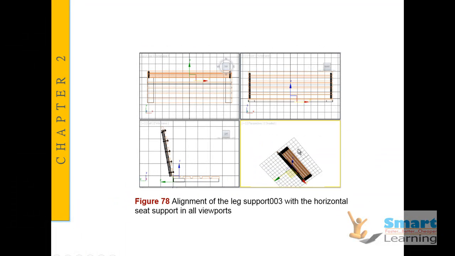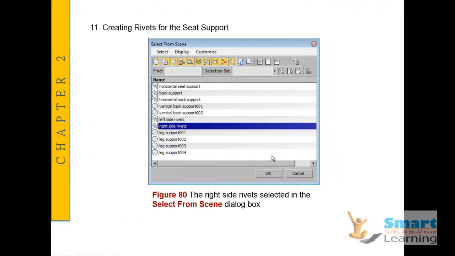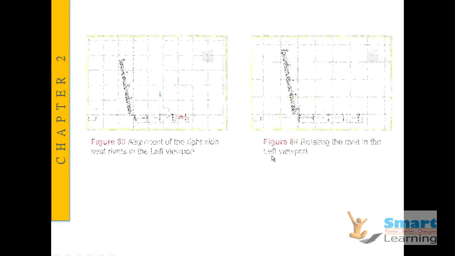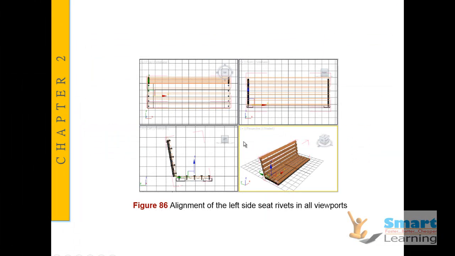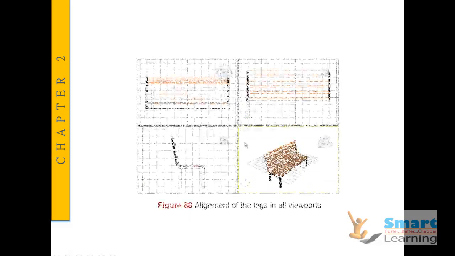After creating the back frames, you create your support handles, and after that you create all the rivets for other sides, and then you create your legs, and finally you position this.